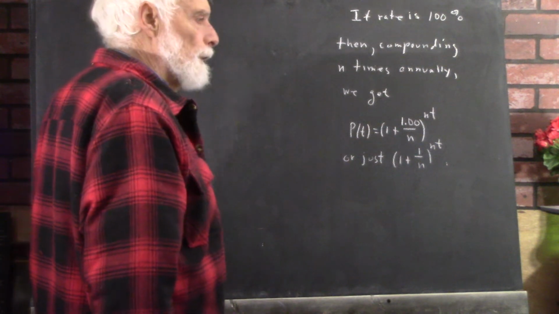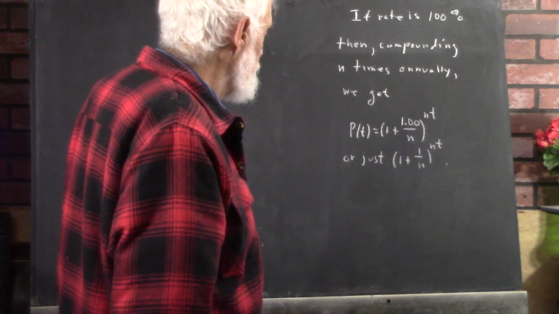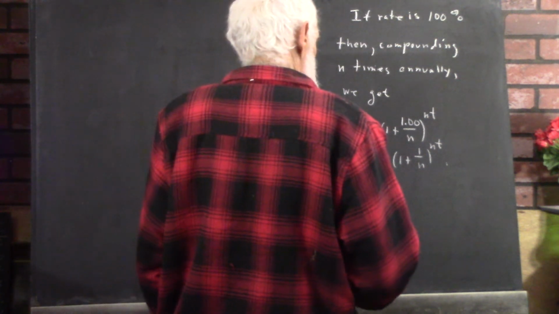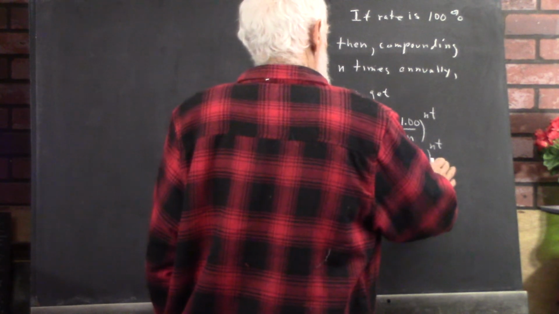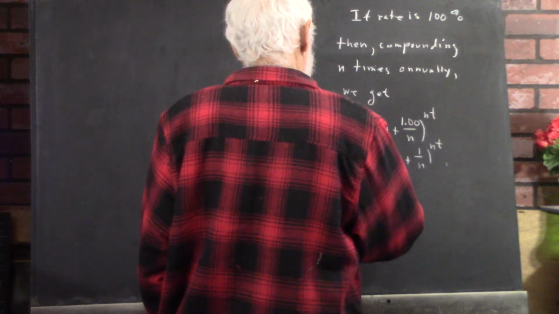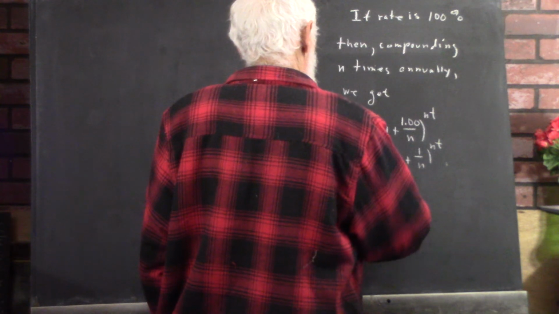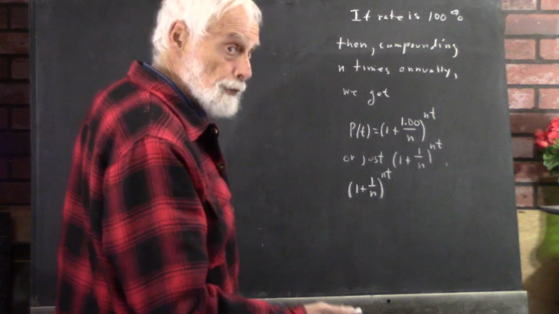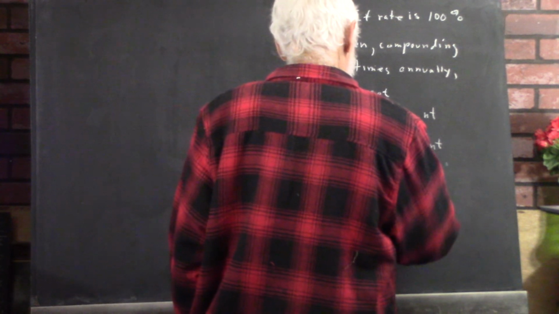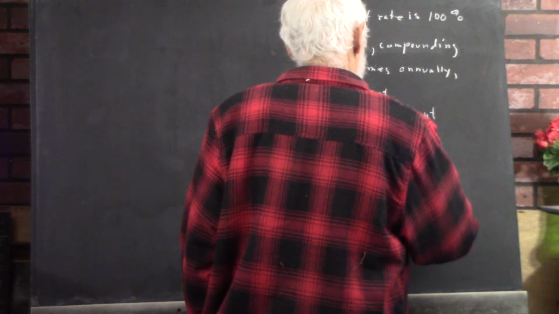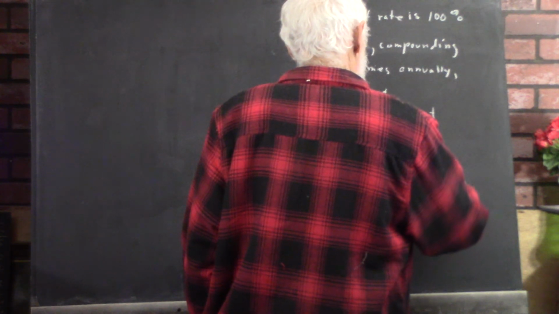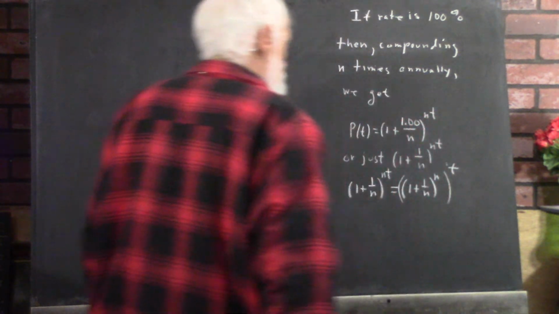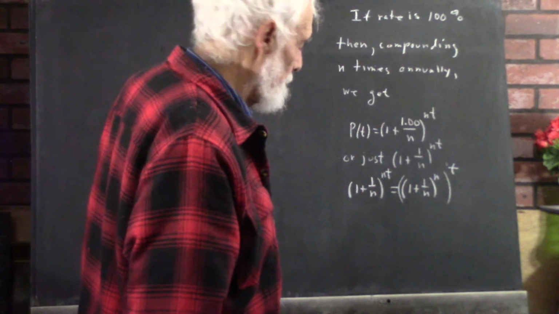That's just 1 plus 1 over n raised to the nt. Now 1 plus 1 over n to the nt by the rules for exponents is just 1 plus 1 over n to the n raised to the t power.